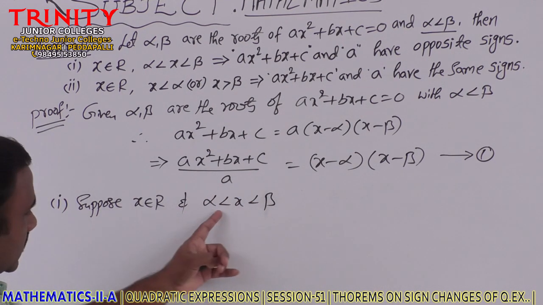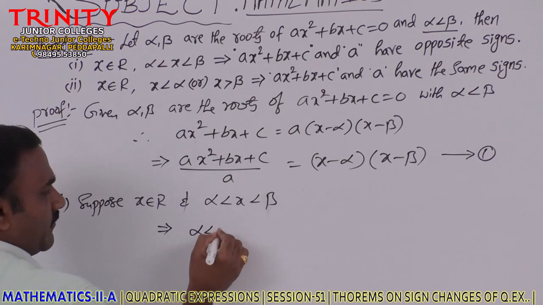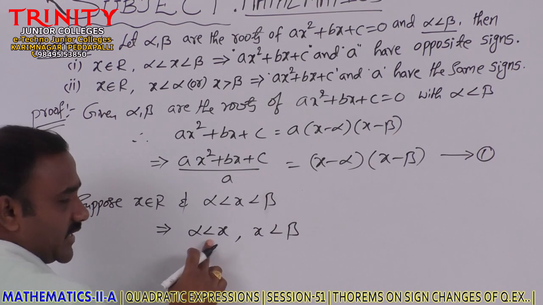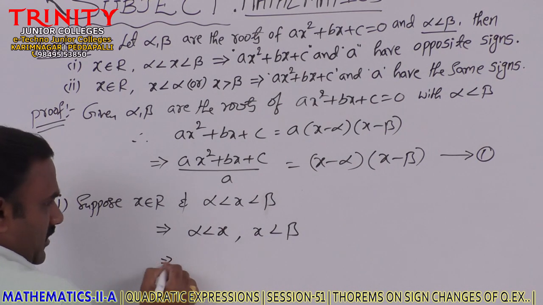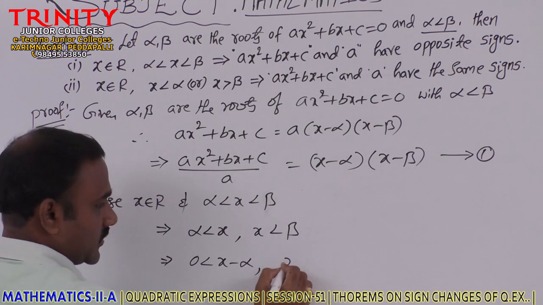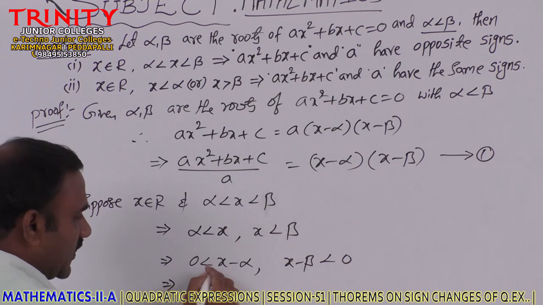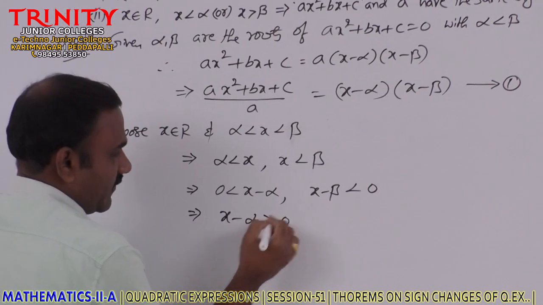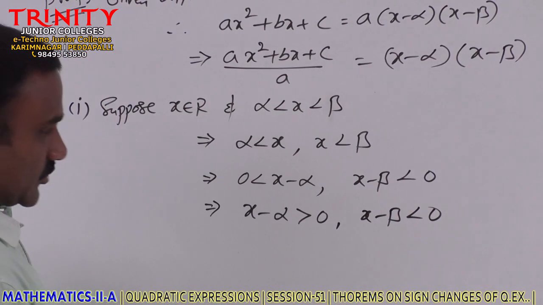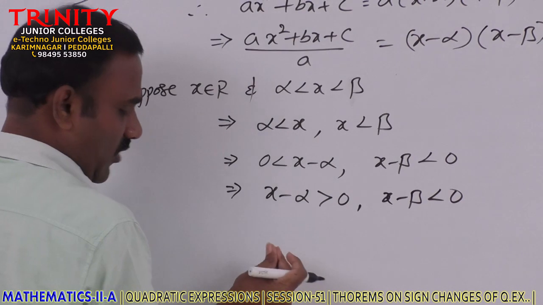From this, can I write alpha less than x and x is less than beta? From this, we can say x minus alpha is greater than 0 and x minus beta is less than 0. Now multiply these two inequalities.